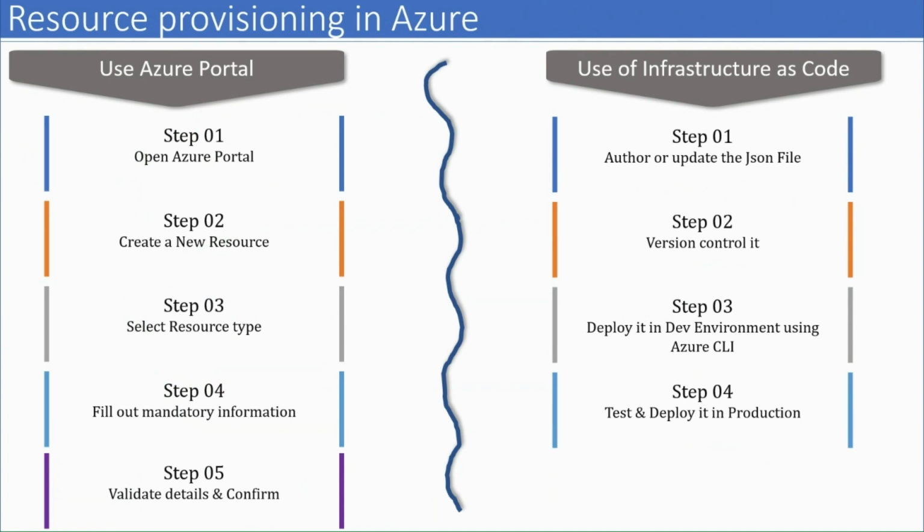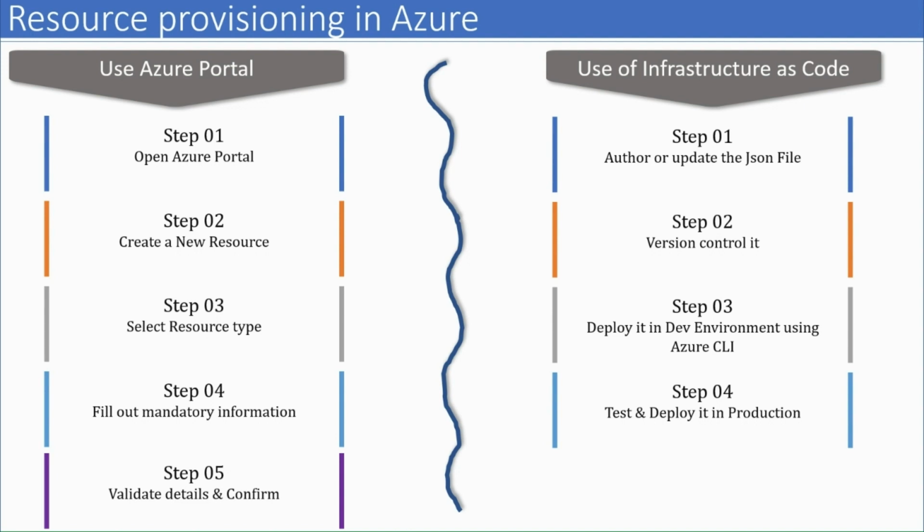Next, let's see a bigger topic with respect to provisioning the resources in Azure. We were talking about deploying or provisioning resources manually, as part of the first slide. As part of the second slide, we were talking about deploying such resources automatically using infrastructure as code.